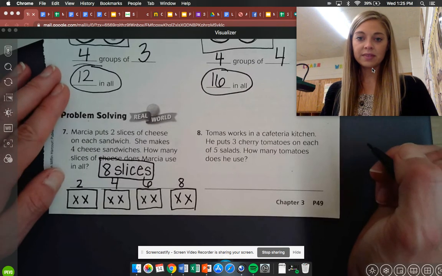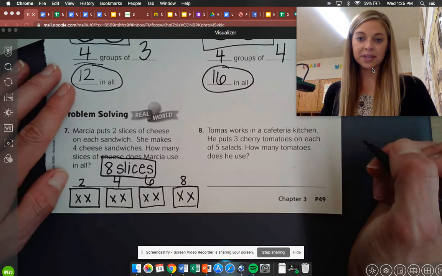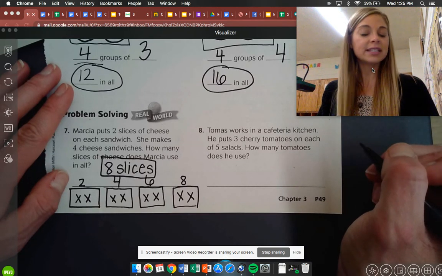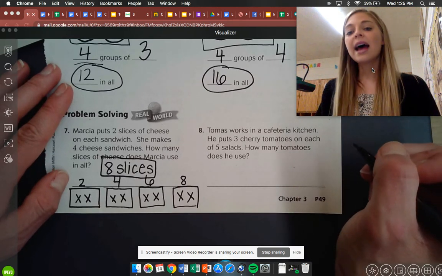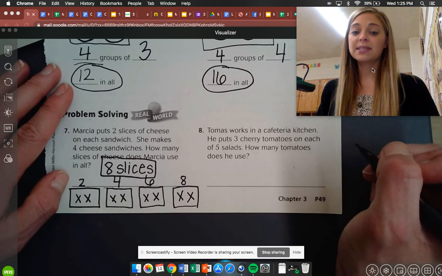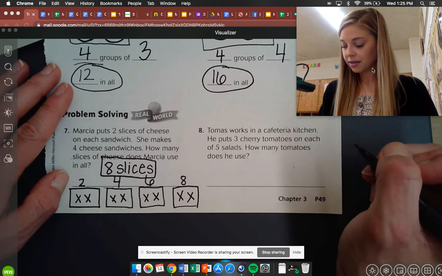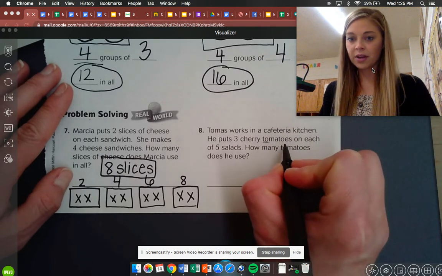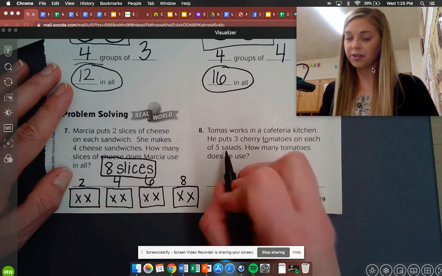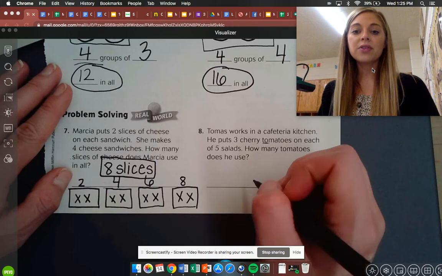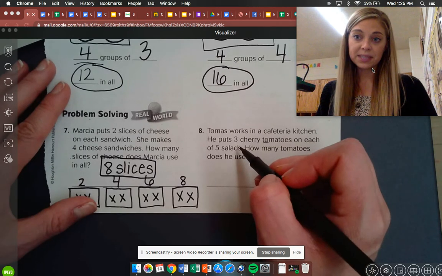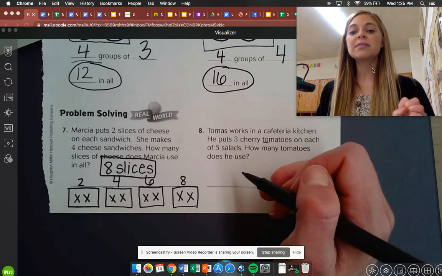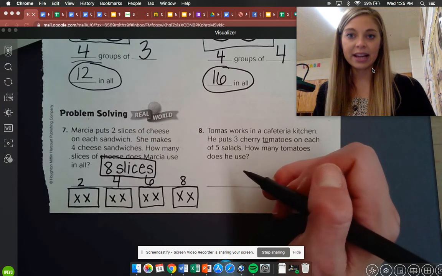Number 8, Thomas works in a cafeteria kitchen. He puts 3 cherry tomatoes on each of 5 salads. How many tomatoes does he use? Well, we have to decide, are the tomatoes our groups, or are the salads our groups? Well, we know that the salads are our groups. We have 5 groups because we have 5 salads. And he's putting the tomatoes on each salad.